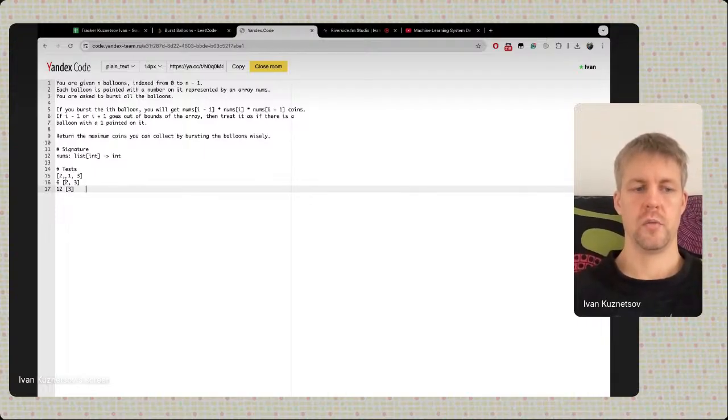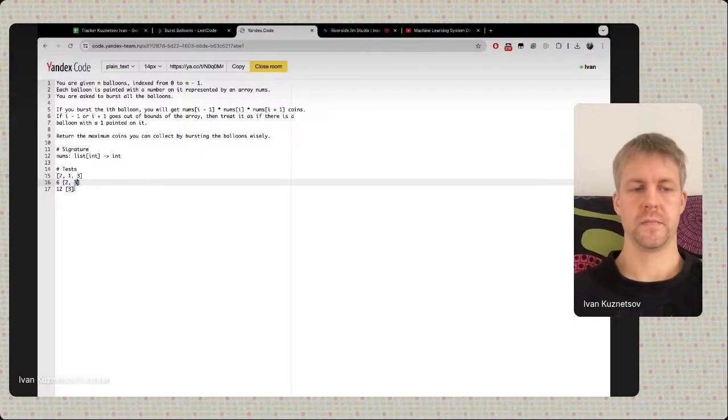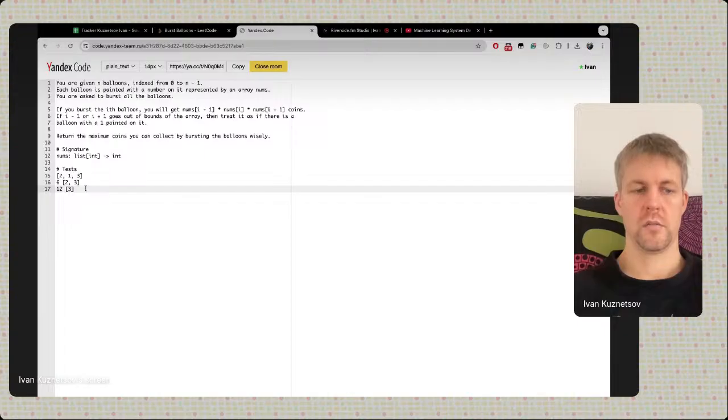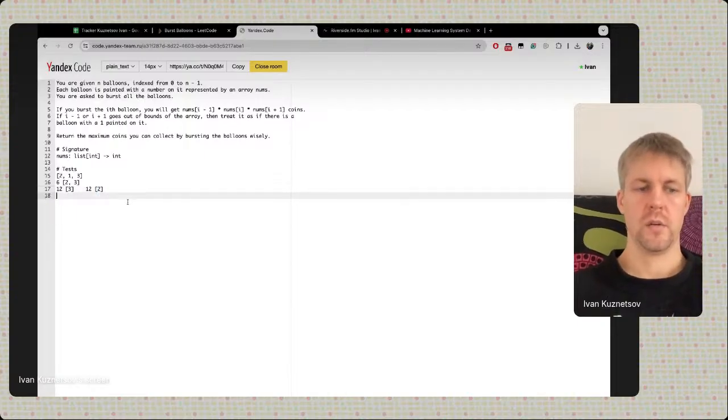Or if we burst 3, it will also be 3 times 2 times 1, and also 12, but 2 is left. So here we can only burst balloon 3, and we will be adding 3. But here we can only burst 2, and we will be adding 2. So basically this branching gives us that here we will get 15 in the end, and here we will get 14 in the end.